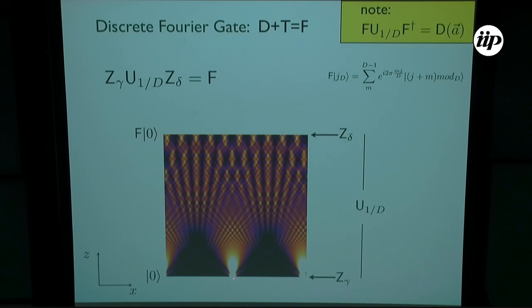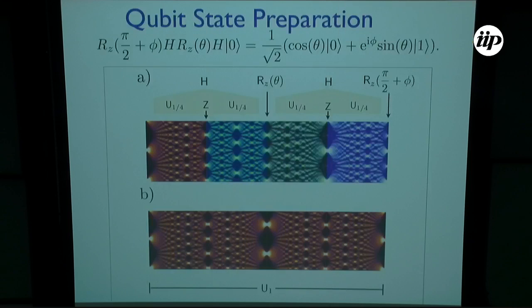Now I have the zero state here. Then I propagate and apply the phases here and here, and here I will have the Fourier transform of the zero state. This is just an example. In general, you can prepare any state of qubits or qudits with these two elements, and you are going to do something like this.